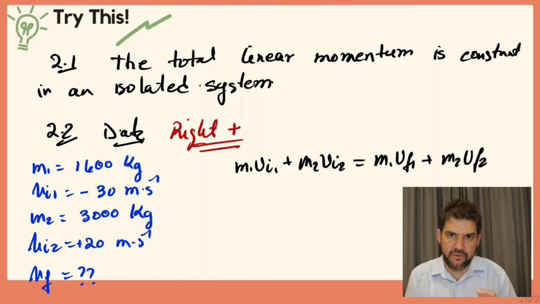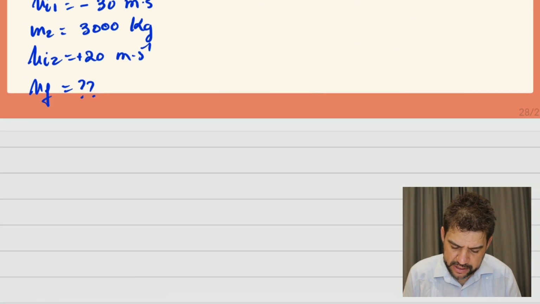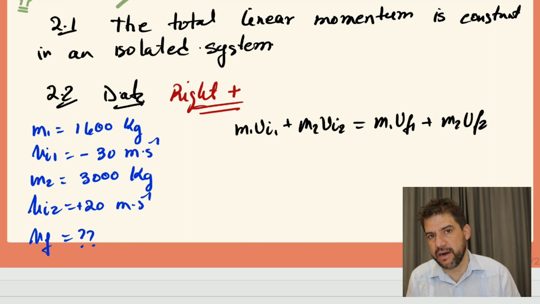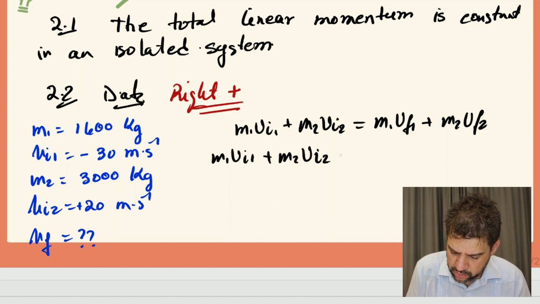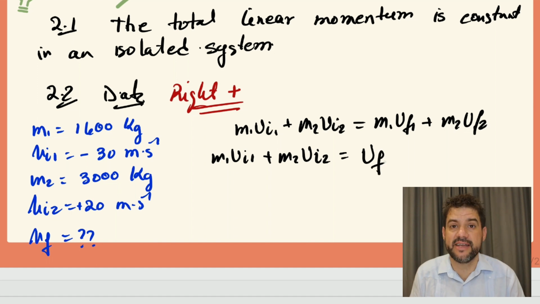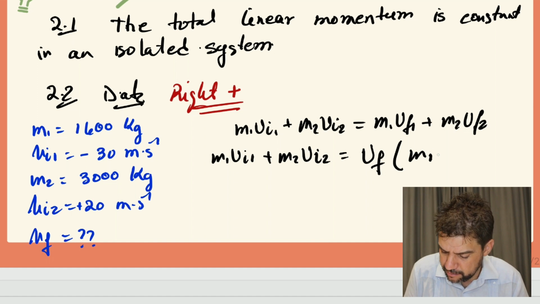Now, because they're moving together as a unit after the collision, we are going to sort out that second part of the final. So we're going to keep m1 v initial 1 plus m2 v initial 2 is equal to the final velocity, which is the same because they are moving together. It's a common factor, and then multiply by the addition of m1 plus m2.